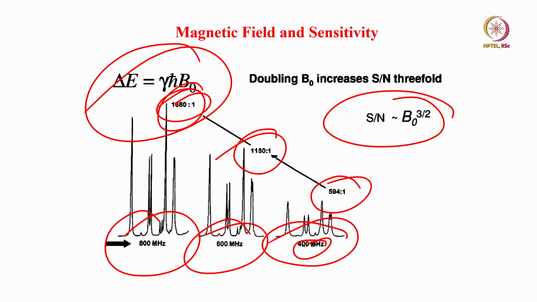So, now the time is up. I am going to stop here, but let us summarize what we discussed today. We started discussing the interaction of the magnetic moments with the magnetic field. We calculated the energy for different energy states and equated that to find out the resonating condition.